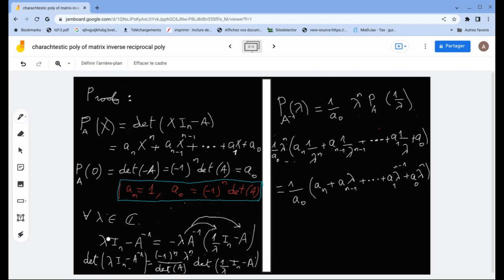Why do I choose this matrix? Because the determinant of this matrix is by definition the characteristic polynomial of A inverse. So I put the determinant on both sides. Here the determinant of lambda In minus A inverse. Here the determinant of a product is the product of the determinants.